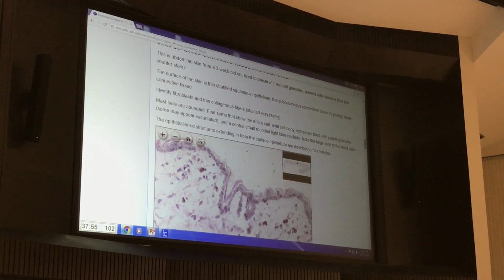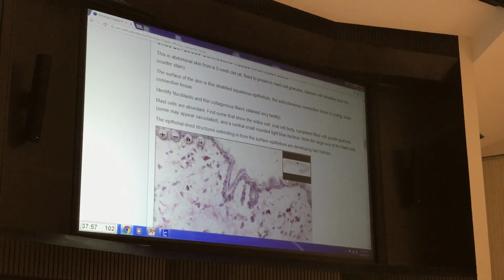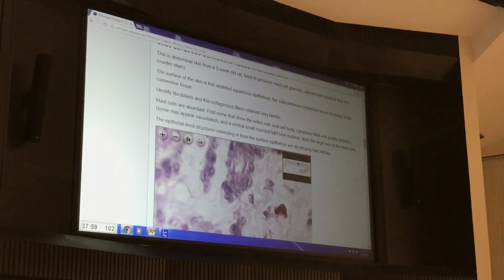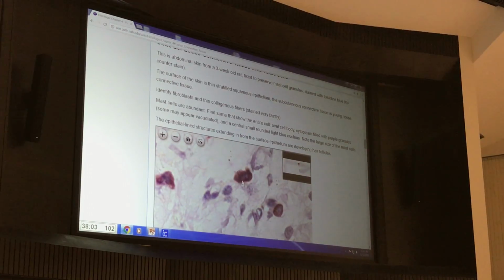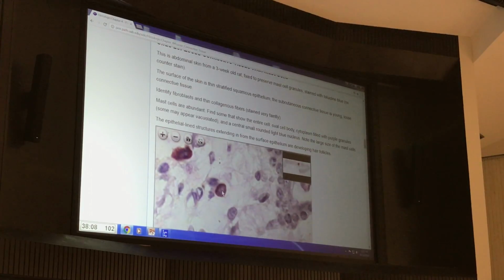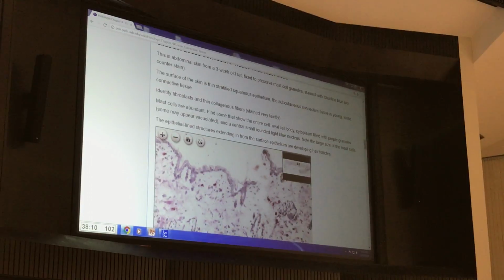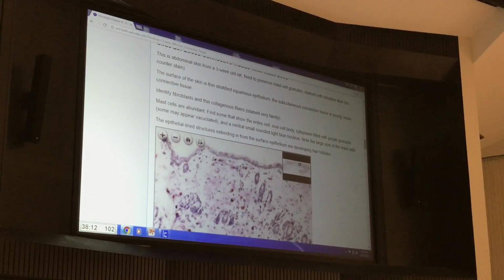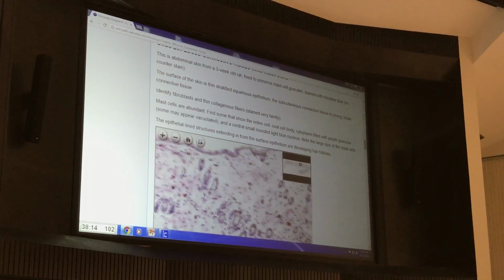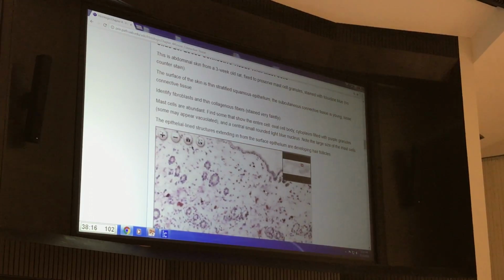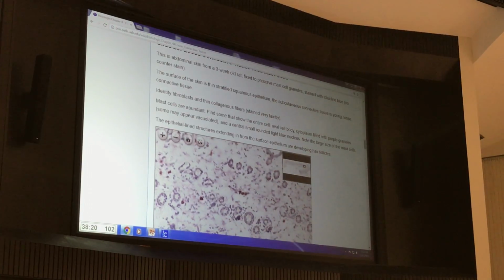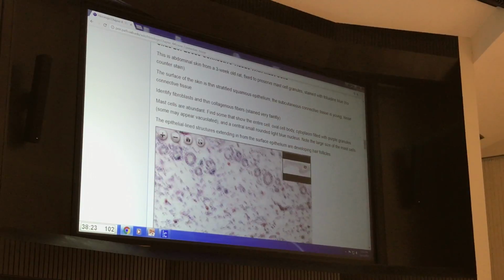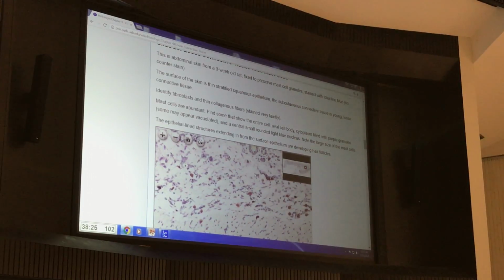And all of these granular looking cells, that's staining for all those granules that have the heparin and the histamine in them. And it's just nice because you can see how well populated the tissue is with mast cells. Don't worry about identifying them, know their function, but I just wanted to show you how they are populating this. And they're usually found in loose connective tissue.